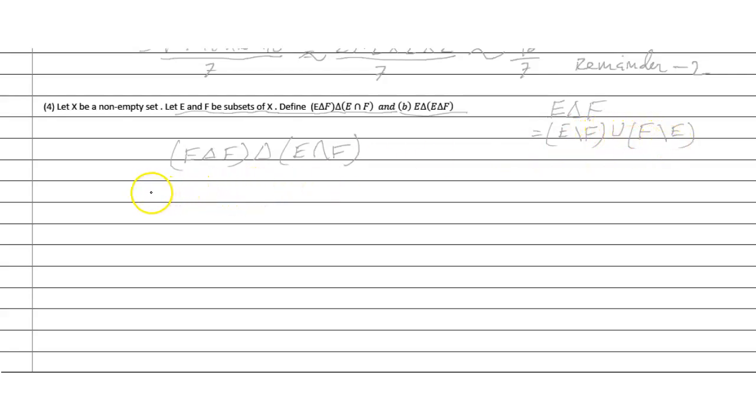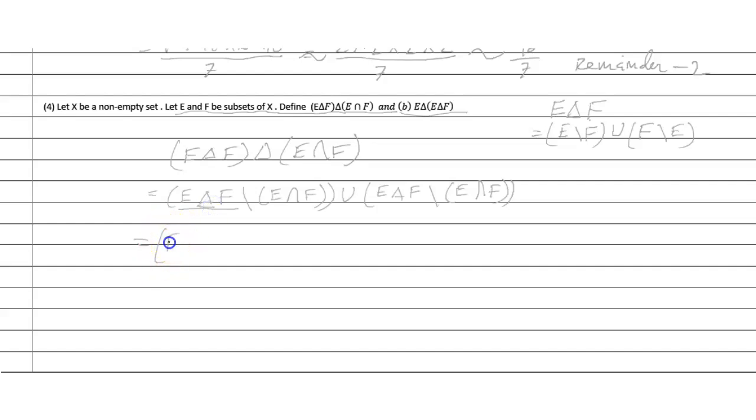So friends, whatever we get, E del F minus of E intersection F, union E del F minus of E intersection F. Now friends, E del F. Now I will break this value.